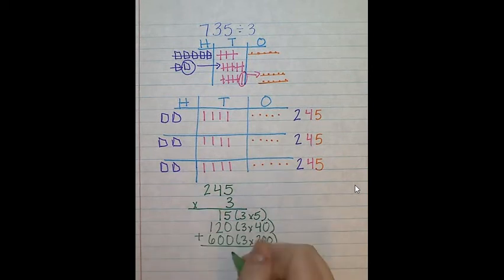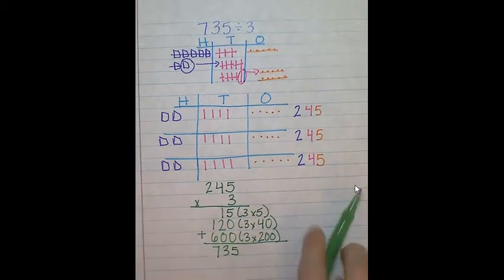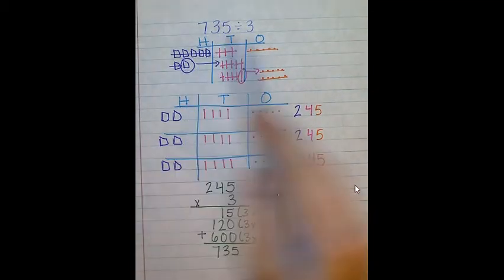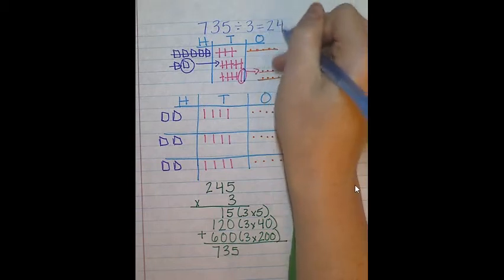Add those all together. 1 and 2 is 3, 1 and 6 is 7. So I had 735 when I checked it, so I know now that 735 divided by 3 does equal 245.